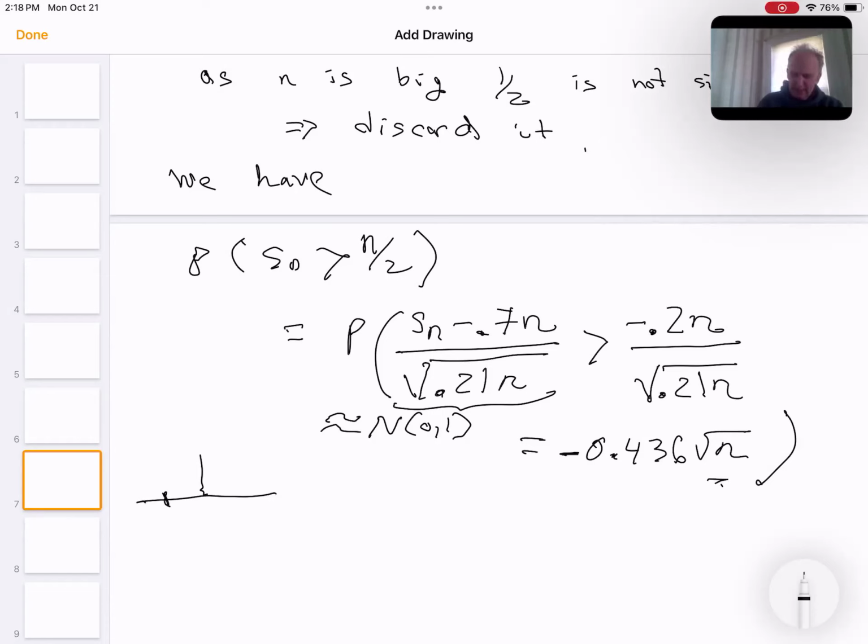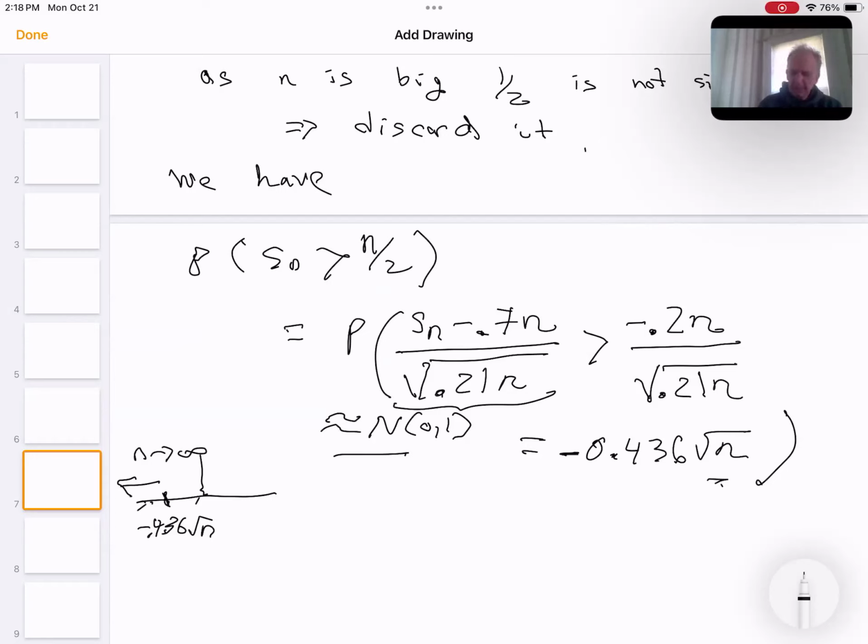As n gets bigger, this value, minus 0.436 square root of n, starts sliding to the left. And so, of course, a standard normal is going to be greater than this to any degree. It's going to go to 1 in the limit. So we know there's going to be such an n where this is true, okay?